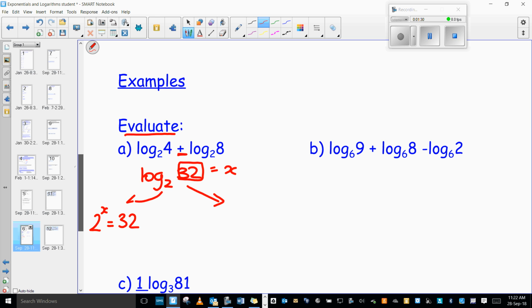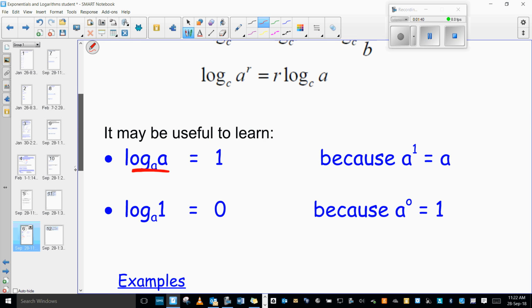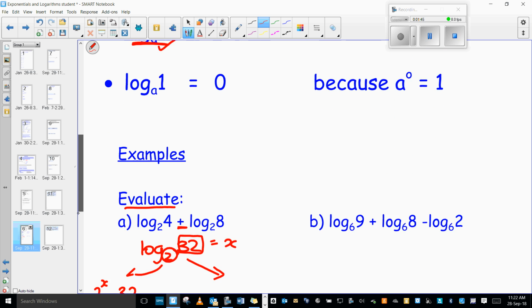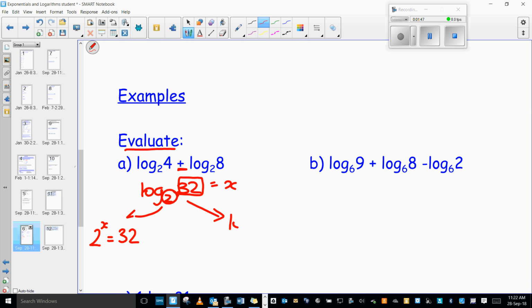Hopefully you knew that. So we could change this number 32 to a power of 2. That will enable us to use this rule here. So I could change this to be log base 2 of 2 to the power 5.